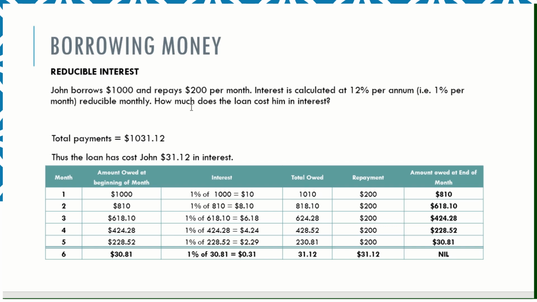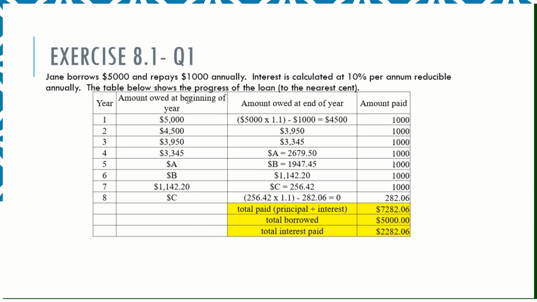You understand? So this is what I'm doing here. 5,000 times 1.1. Why am I multiplying it by 1.1? It is 10% per annum reducible. So meaning I have to take 5,000 times 10% first, which is 500, correct or not? Then I add the 500 back to 5,000, which in other words becomes 5,500, which is 110%.